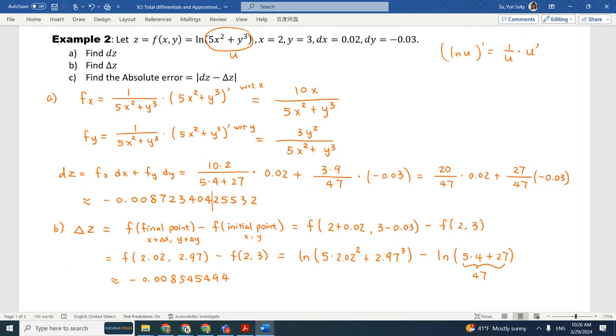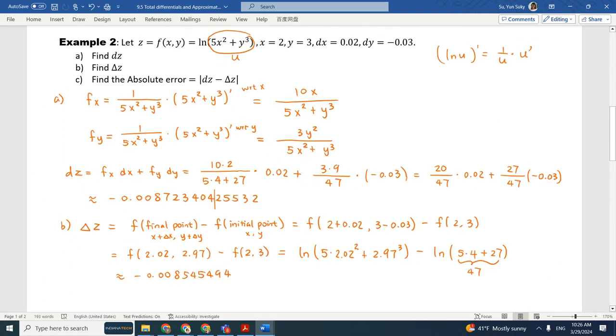Okay, now let's look at the absolute error. Do you see it's the absolute value? So it's always positive. I always look at which one is bigger and use the bigger number minus the smaller number. Or in your calculator, you just do one minus the other, and if you get negative, just get rid of the minus sign. So you get the absolute error.